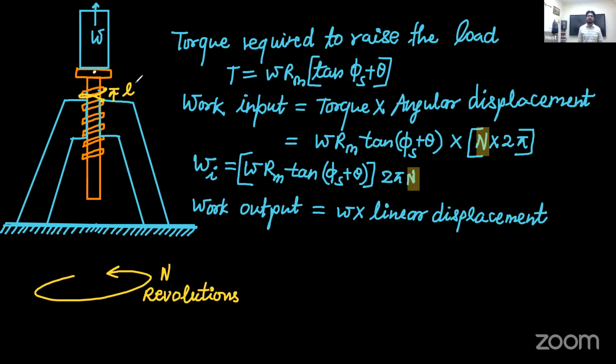Equal to lead. Yes. When you rotate a screw, it keeps moving. So in one complete revolution, it covers axial displacement equal to lead. So in n number of revolutions, how much axial displacement will it cover? n into lead.